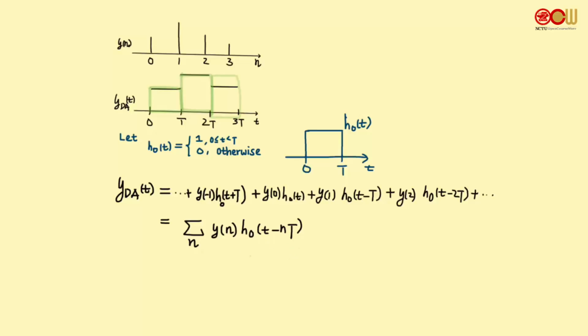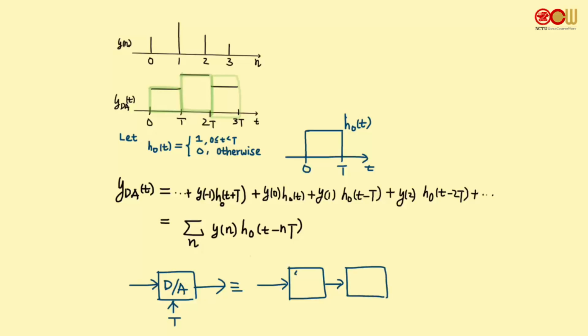So how can we see a D to A converter? A D to A converter can be viewed like a D to C converter. It has two parts.